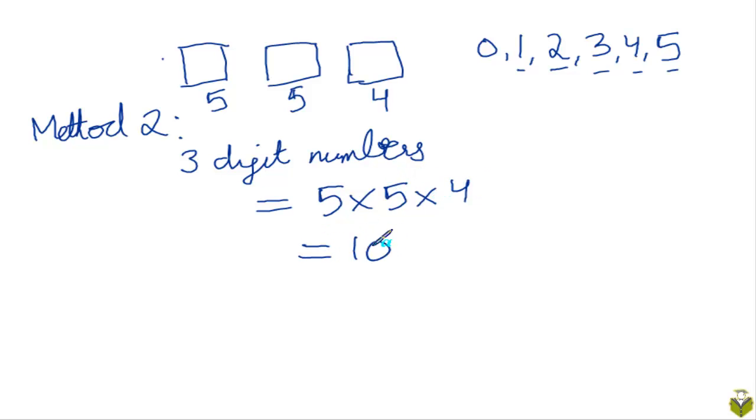And here again you get the answer as 100, right? So I just wanted to show you that sometimes this method is actually shorter than using the permutation notation. So unless you are specifically asked to use the permutation notation, feel free to solve it in any way. Because permutation, I want to stress this point, is still based on fundamental principles of counting, as the proof of the formula shows.